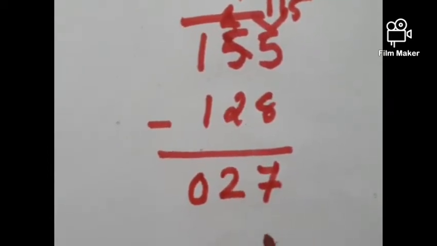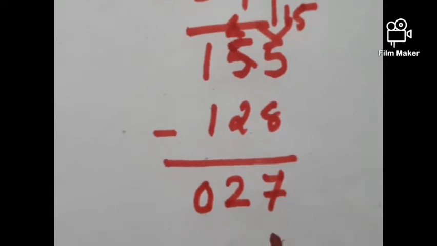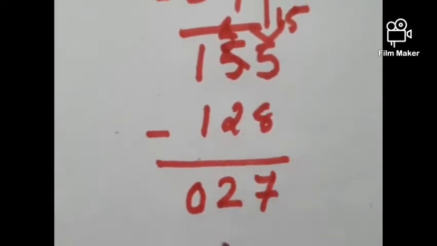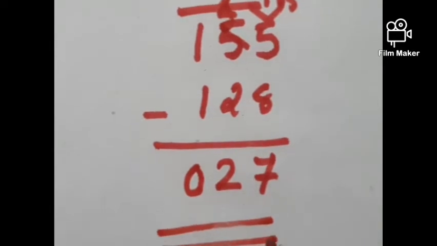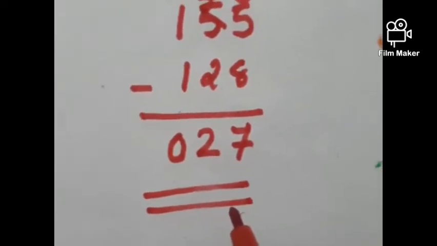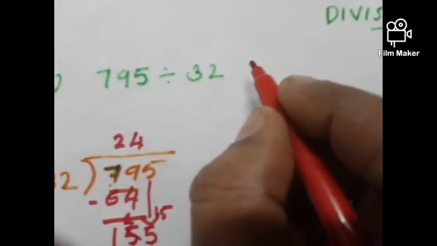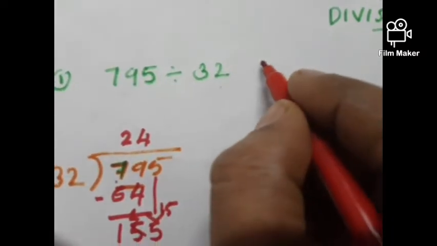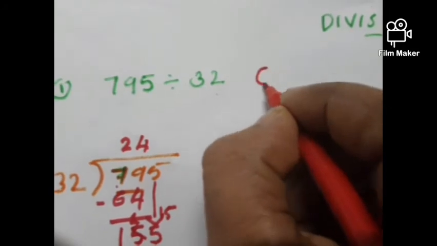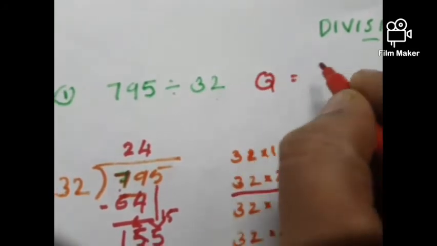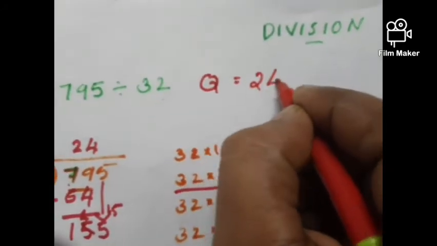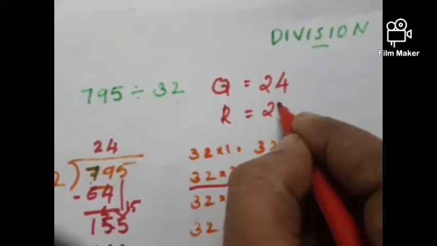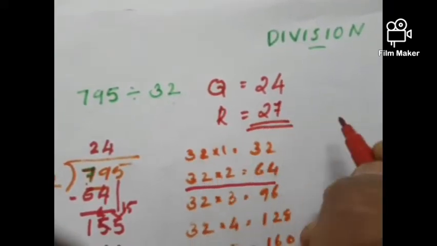So the remainder we get after subtracting 128 from 155 is 27. Is it clear children? So 795 divided by 32 gives quotient 24 and remainder 27. Is it clear children?